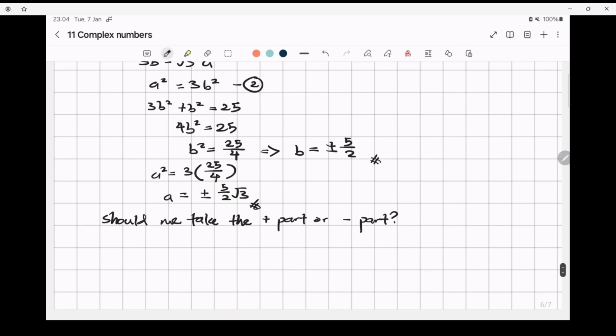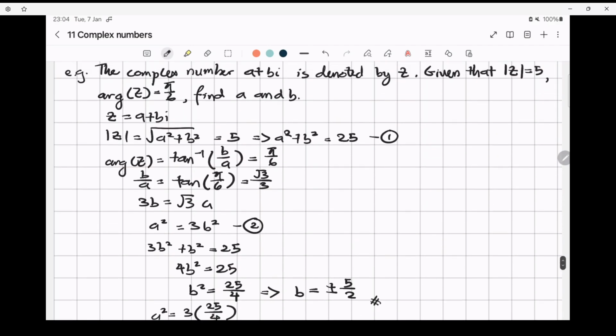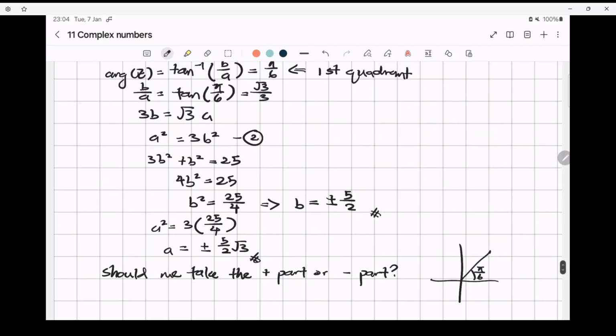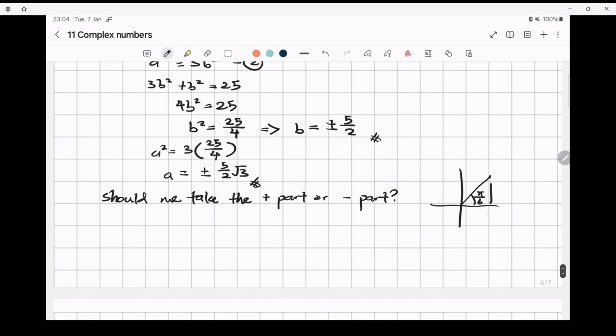To answer this, you need to look back at your argument. Obviously, pi over 6 is in the first quadrant. And we know that in your first quadrant, your a has to be positive, your b also has to be positive.